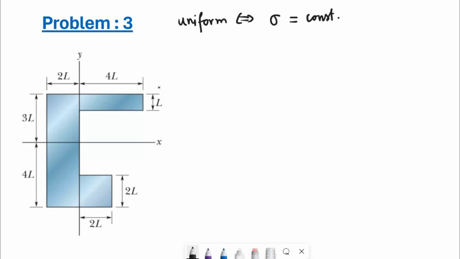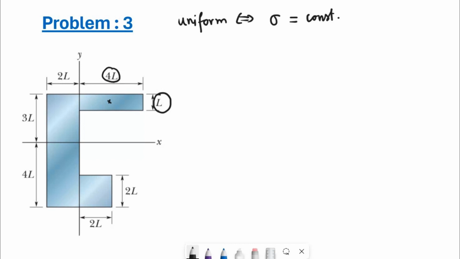So this is 4L long. L is supposed to be a unit of length, and it's L unit wide. So therefore we know the center of mass of this piece is going to be along the 2L mark from the y-axis.